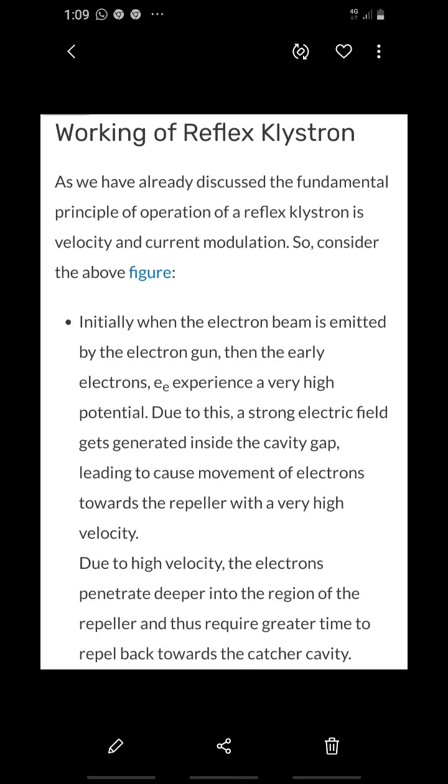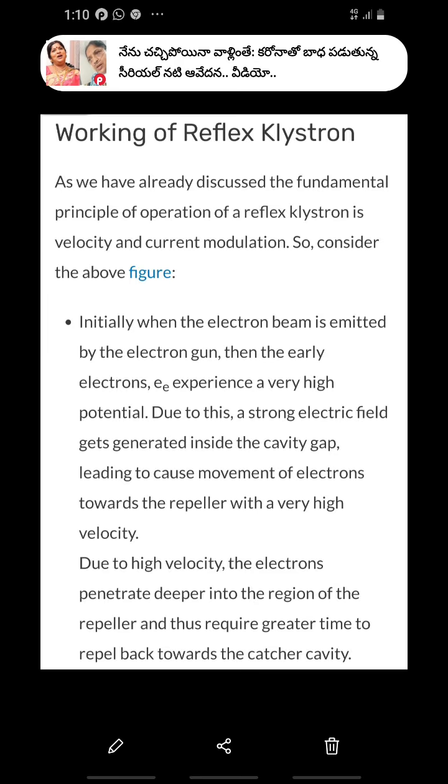Initially, when the electron beam is emitted by the electron gun, the early electrons experience a very high potential. Due to this, a strong electric field gets generated inside the cavity gap, leading to movement of electrons towards the repeller with a very high velocity.